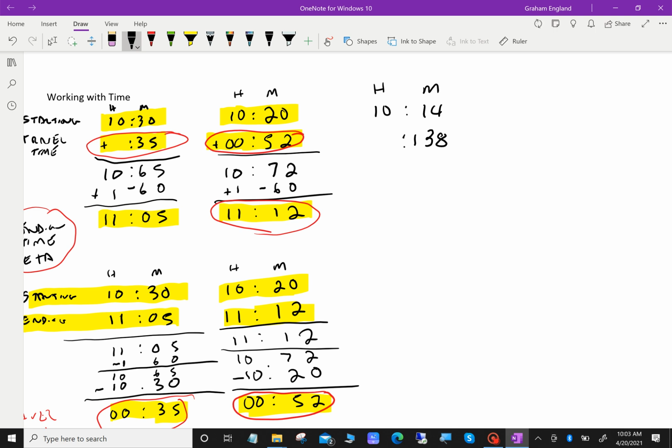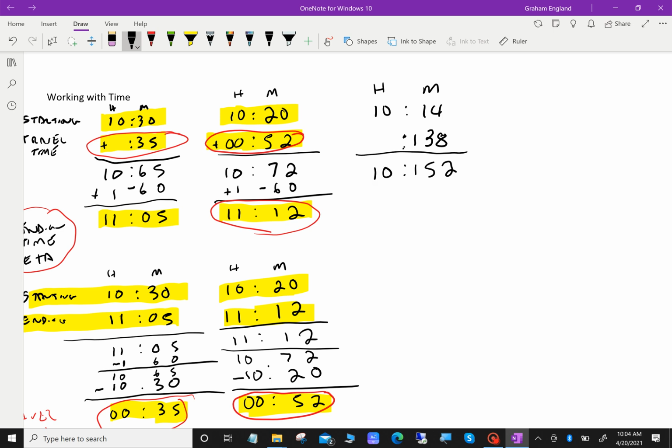Well, I would like to get these minutes into hours and minutes to make it easier for me. So 130, I would add an hour this side and I would subtract 60. Actually, it's probably better just to add it right away. Sorry. So 138 plus 14 is 152 minutes.